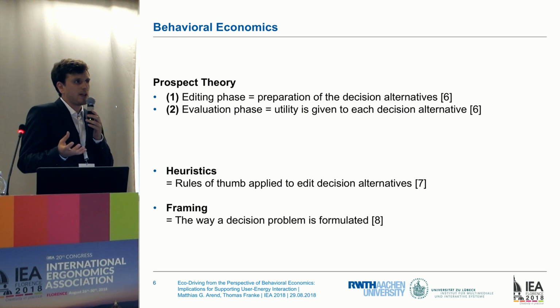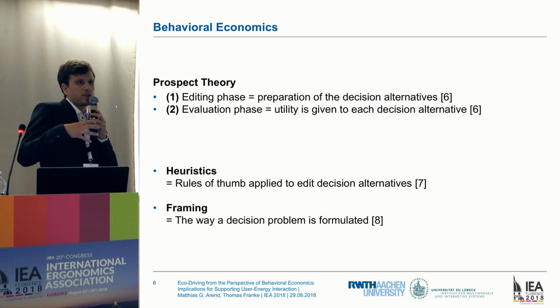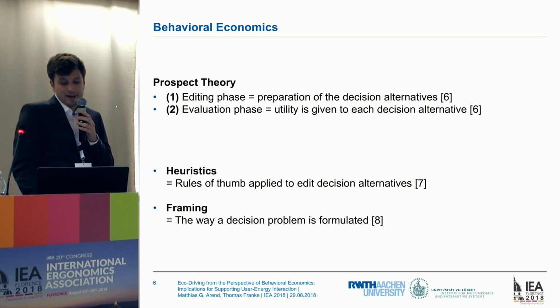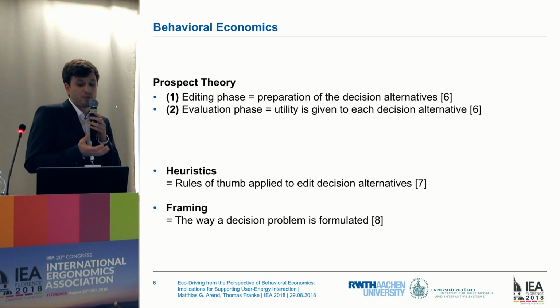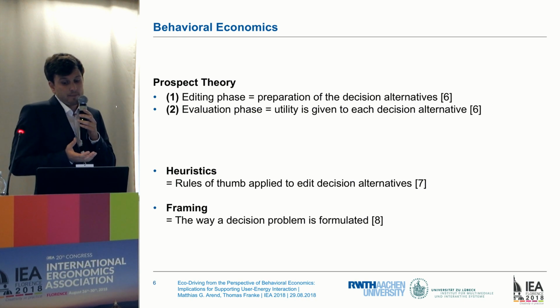They do not gather all of the information. They focus on certain aspects of each decision alternative based on these heuristics. A second aspect which influences the decision is framing. Framing is the way a decision problem is formulated. We might have certain frames, for example in the vehicle through the user interface.